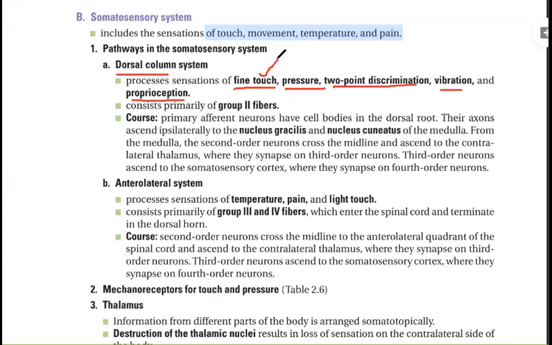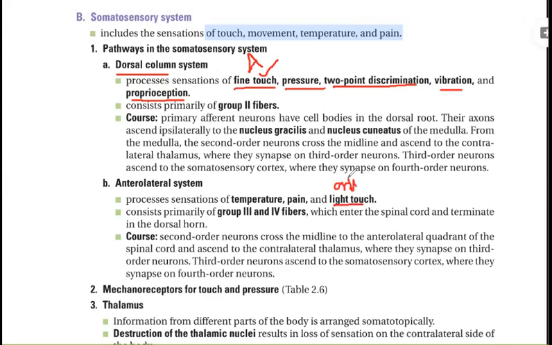Fine touch is dealt with by the fiber which is wider in diameter and has very fast conduction. So we are dealing with the A fibers when we are talking about fine touch. But then we have another touch which is called light touch, or crude touch.